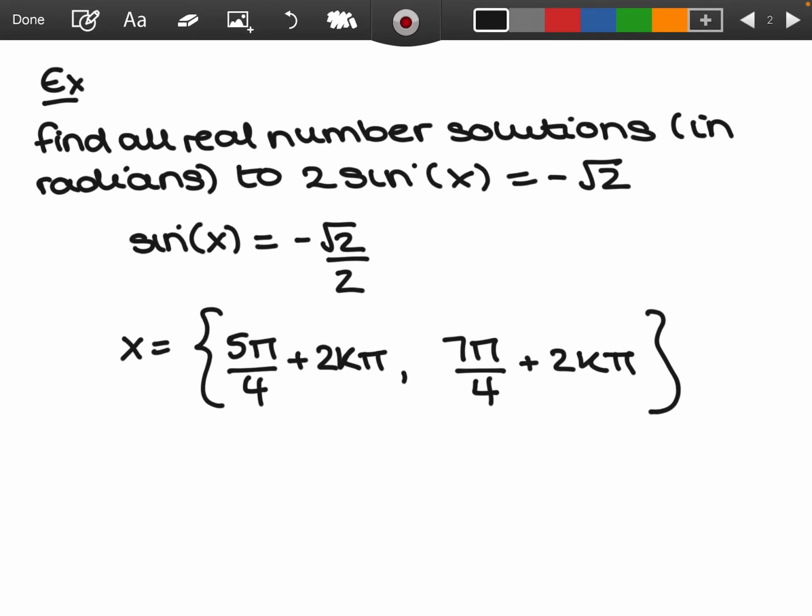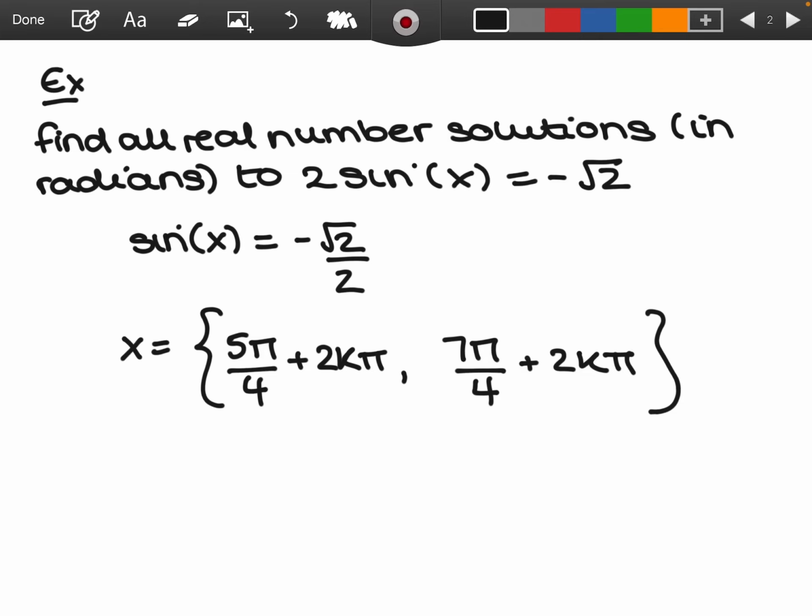That gives me every integer multiple of 2 pi that I'm adding or subtracting, because k can be negative, from the original value. That gives me all angles that are coterminal to those angles that satisfy my equation within the first wrap of that unit circle. So I'm just adding all integer multiples of 2 pi to this, and therefore that is all real numbers in radians that satisfy this equation.